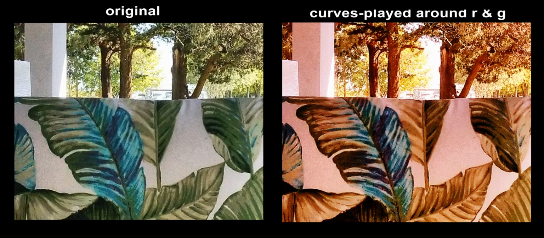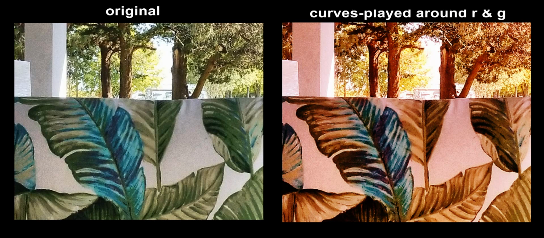And actually what I did was I split out the red and green channels, and I messed around with them. All of these adjustments, you just mess around with them until you get something that you like. There's no magic number. There's no magic type of adjustment that something needs.